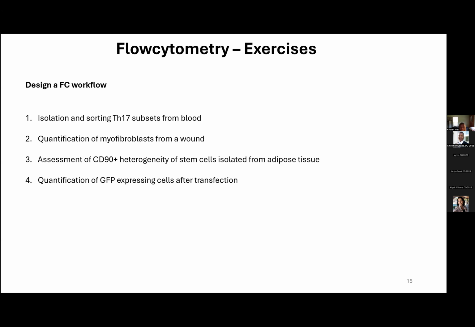Then I guess you would treat the cells, put them in suspension buffer, and then permeabilize the cells so that you can access those cytoplasmic proteins, and then run it through flow cytometry.